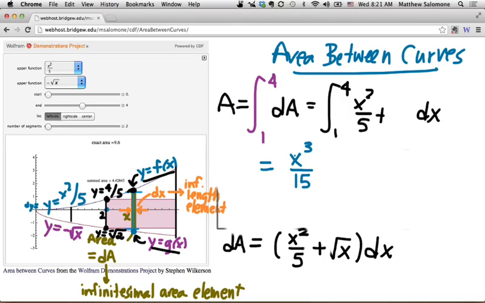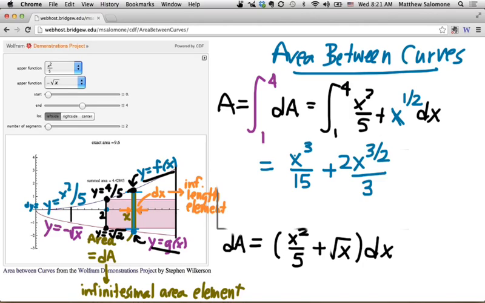Exactly, because first, before we do the antiderivative, we rewrite that as the power x to the 1/2. And then we know what to do because it's a power. Increase the exponent by 1, make it x to the 3/2, and then divide it by 3/2, which is the same as multiplying it by 2/3. So there's our antiderivative.